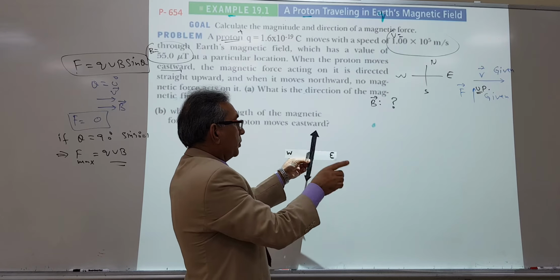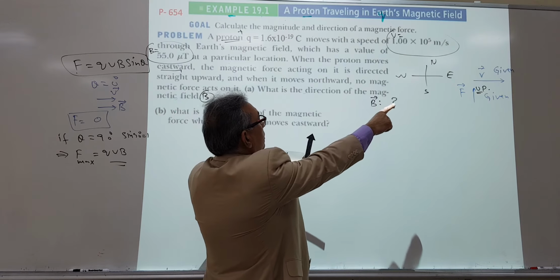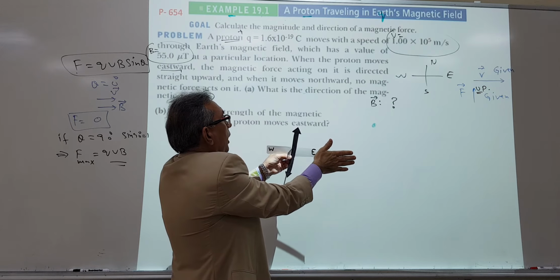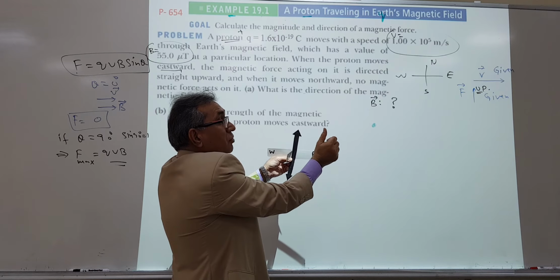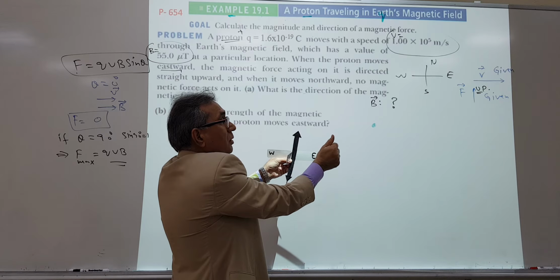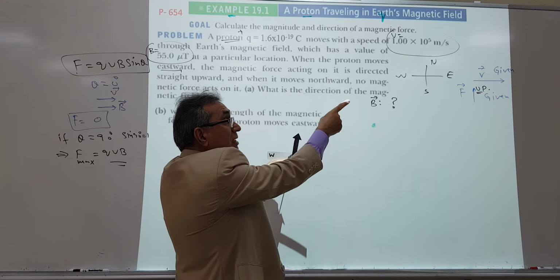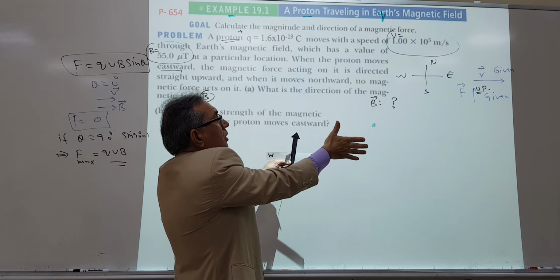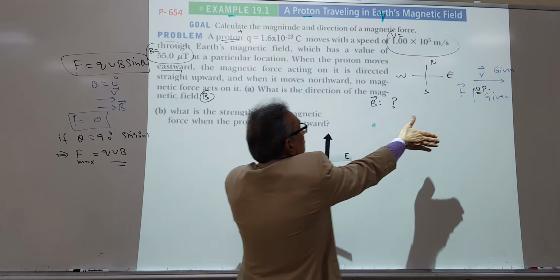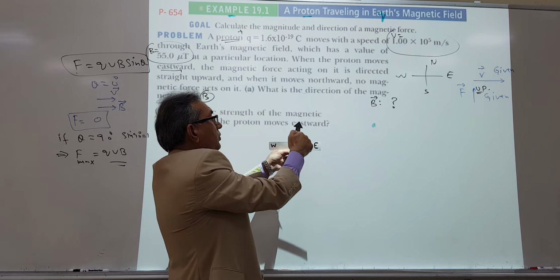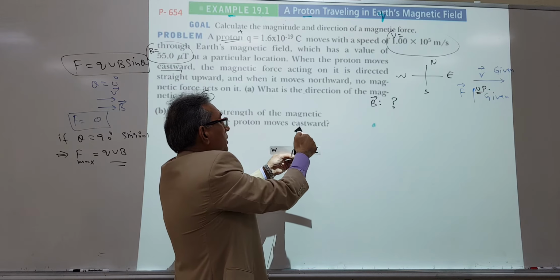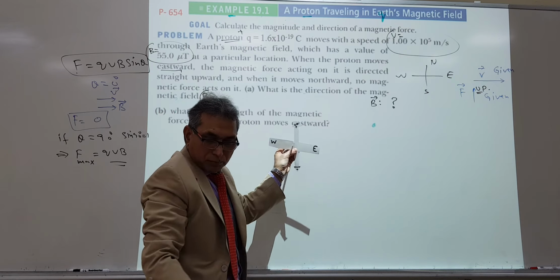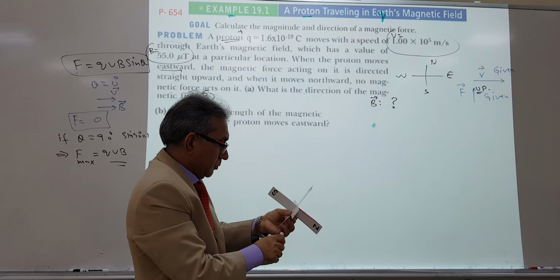So keep in mind, velocity is given. Which direction? East. This direction, velocity. And I have to use right hand rule number 1 without changing the given directions. Velocity in this direction, and force is up. Let me write it here for you.